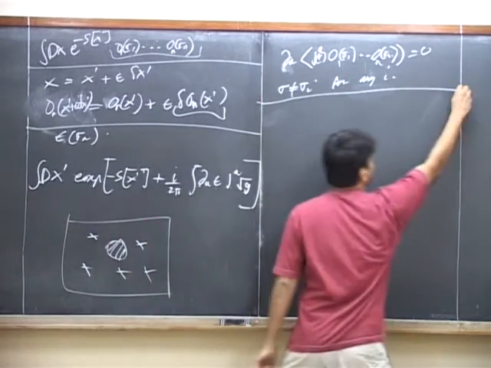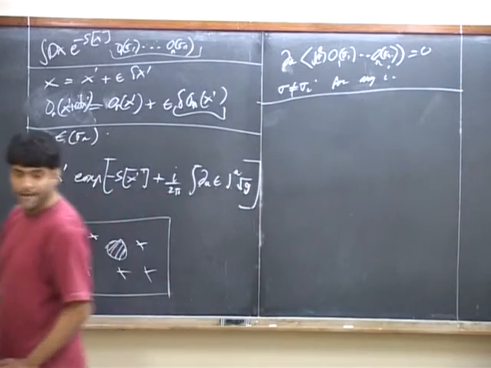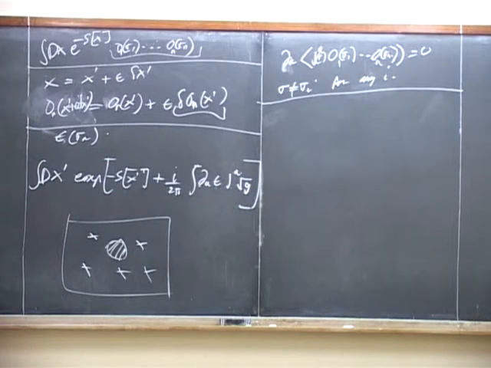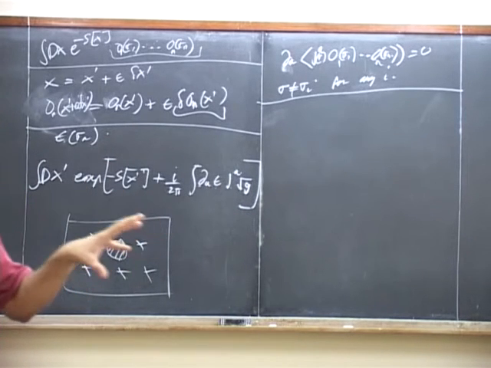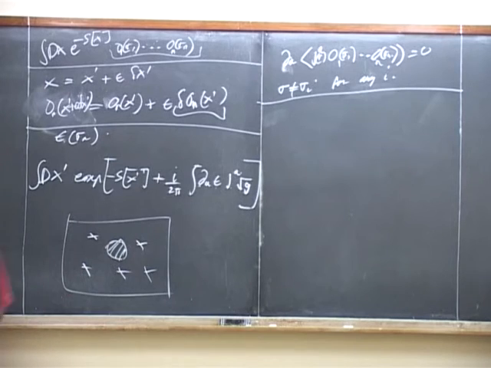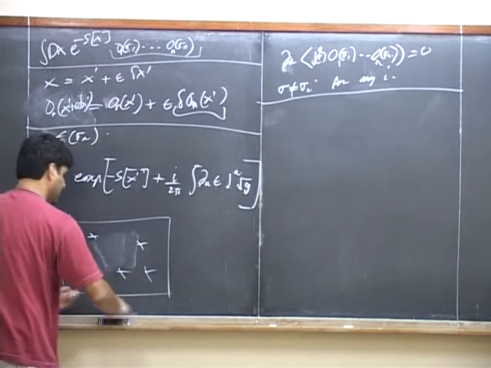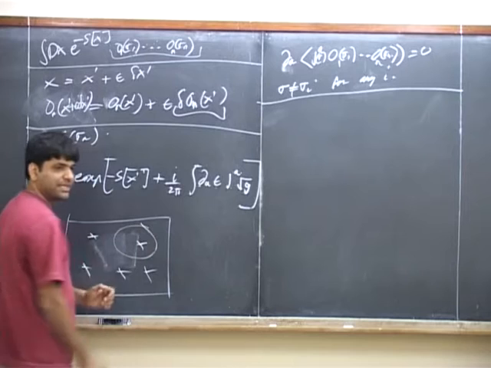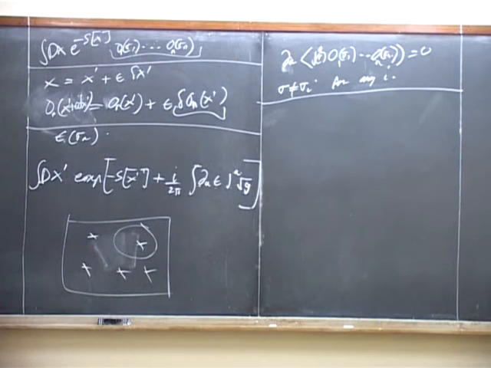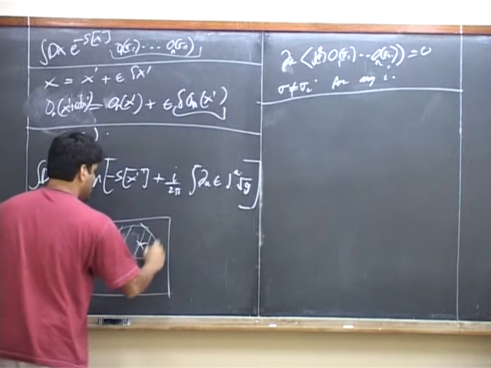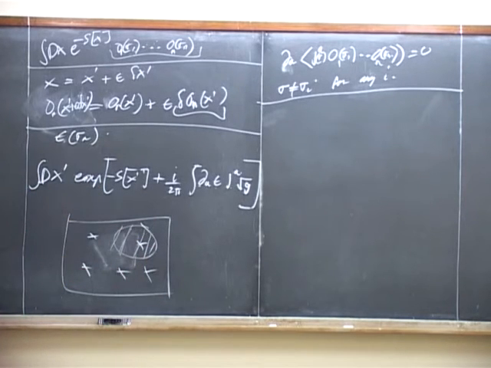Now, there's a more interesting statement that we will use a lot. We allow the region over which this epsilon is non-zero to enclose, just for simplicity, one of the operator insertions. So let's choose an epsilon that's non-zero over some region that includes one operator insertion, but none of the others.